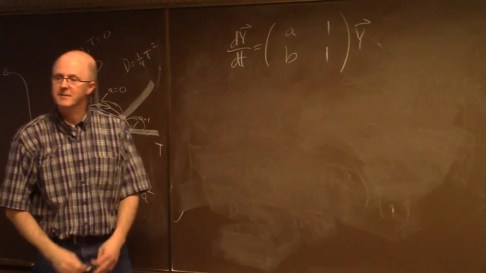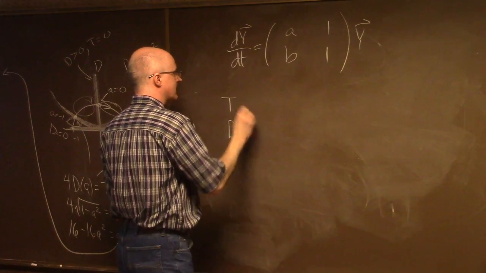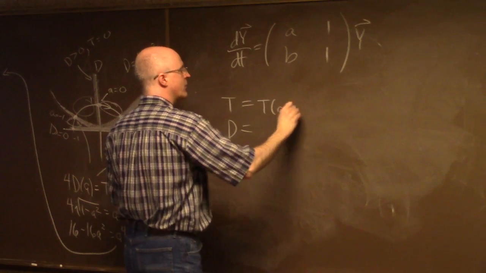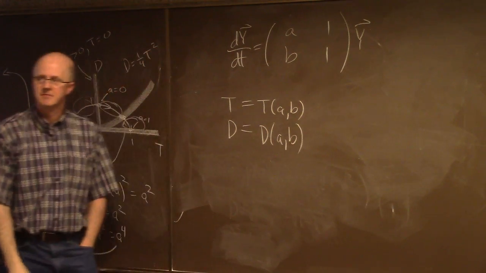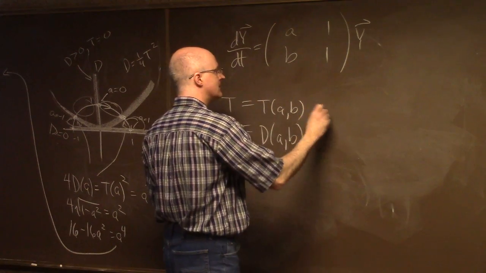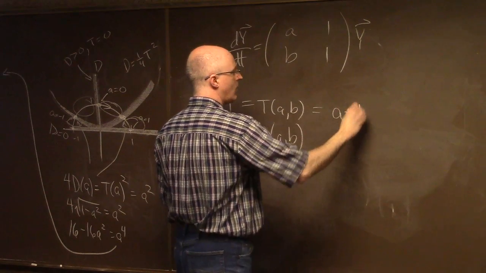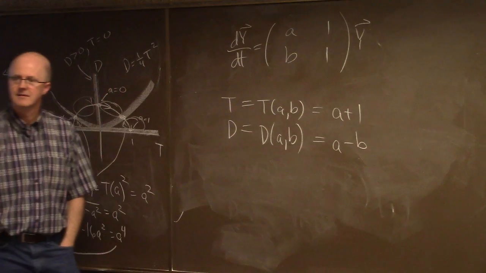There's no restrictions on them. What's the trace and what's the determinant? This time they're functions of both A and B. The trace is going to be A plus 1. The determinant is going to be A minus B.